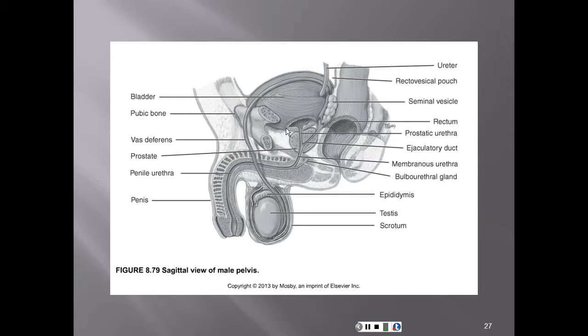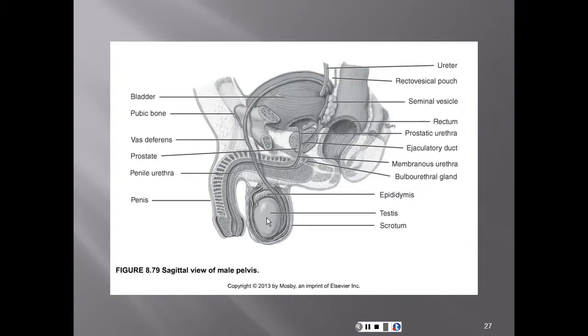The pair of testes suspend in the fleshy, pouch-like scrotal sacs. The epididymis is a tightly coiled tubular structure located on the superior posterior surface of each testis.